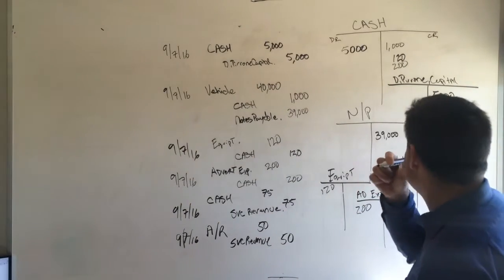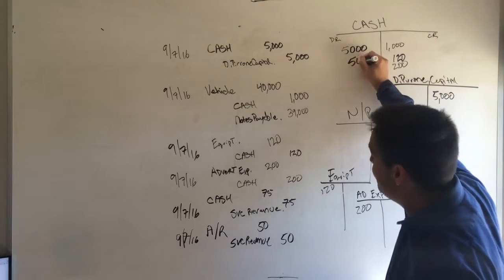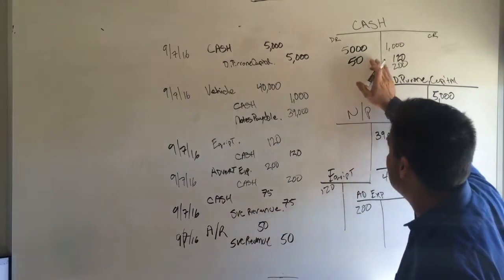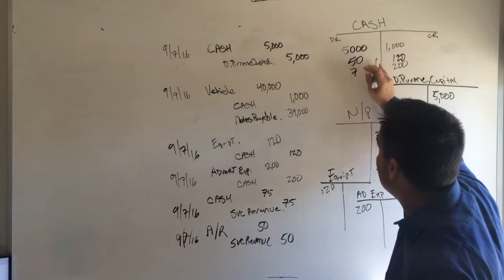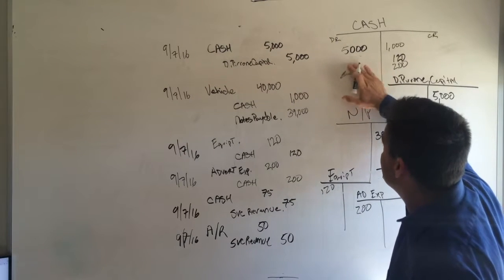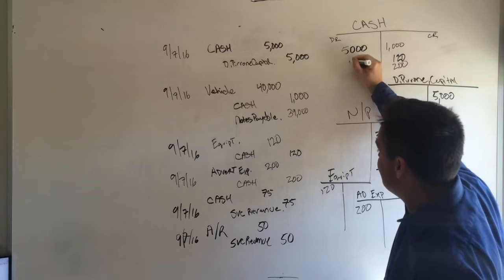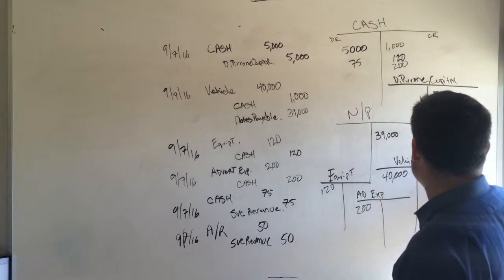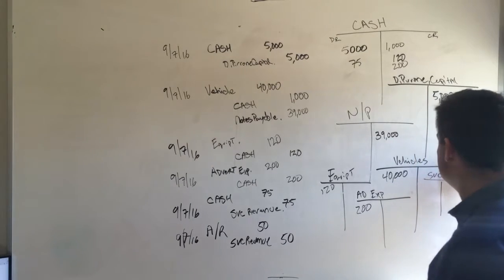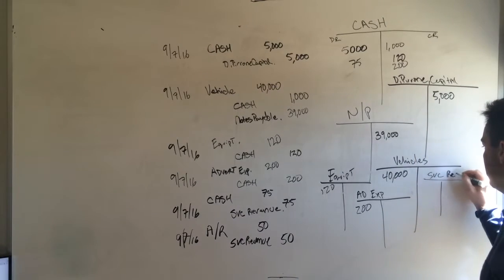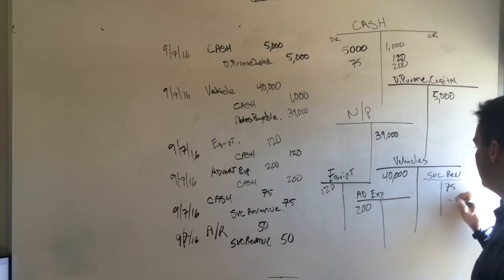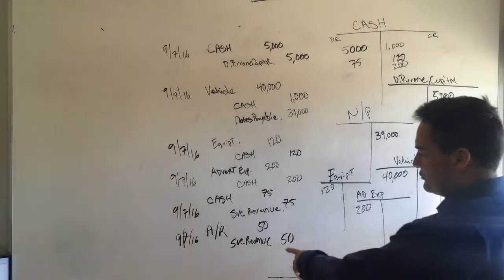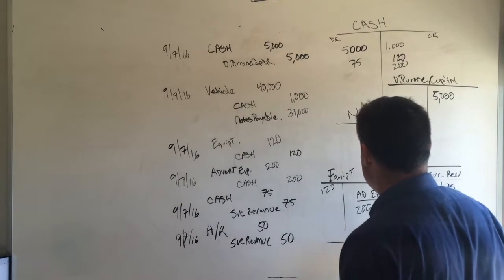And again, look what I did: I forgot to record the journal entry before of $75 received and service revenue of $75. And now we have a $50 service revenue and an accounts receivable of $50.